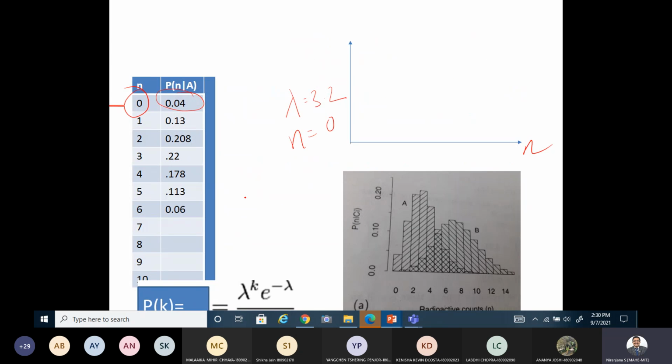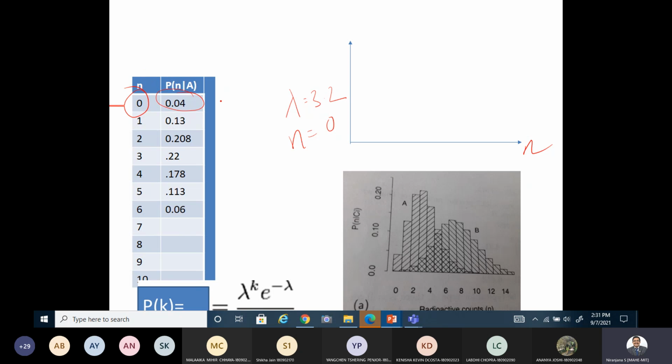Here they have considered P of n equal to K. So n equal to 0 you can take instead of K; otherwise you have to take it as K. The variable K is assigned to n here, that's all.